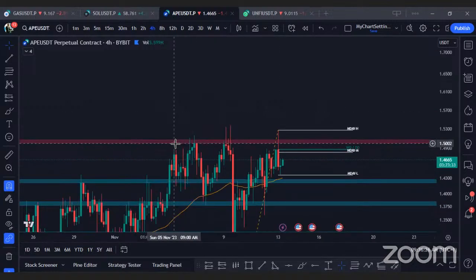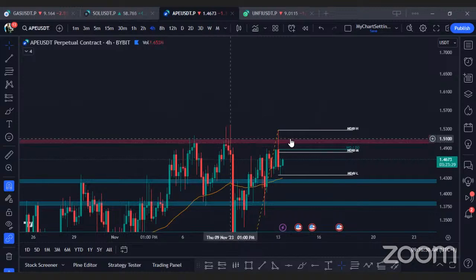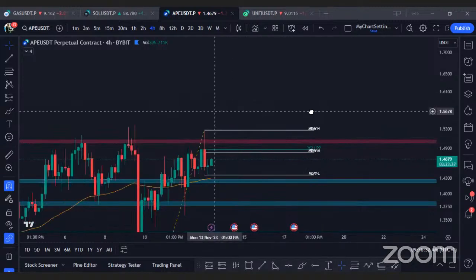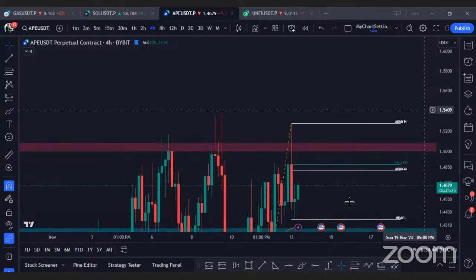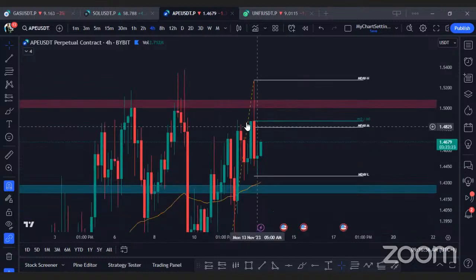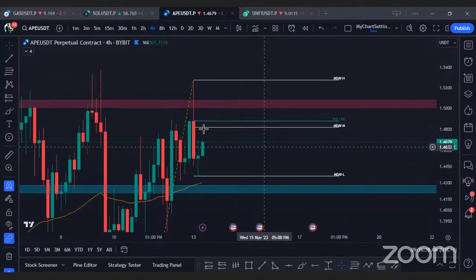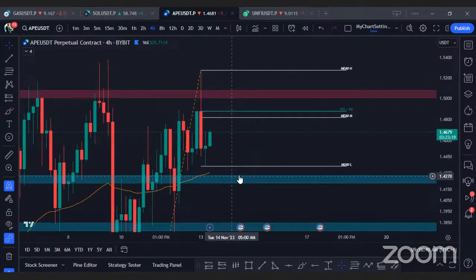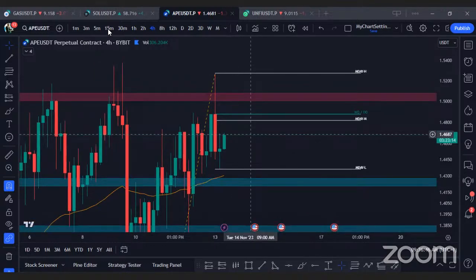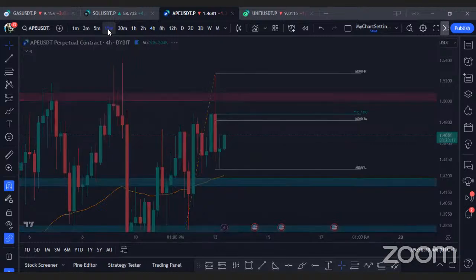This level of 1.5 has been holding on very strong. And I want this Monday low to come to this level here, 1.42, even 1.40. That's basically what I'll be looking for. So right now you missed already on this, so I don't know.